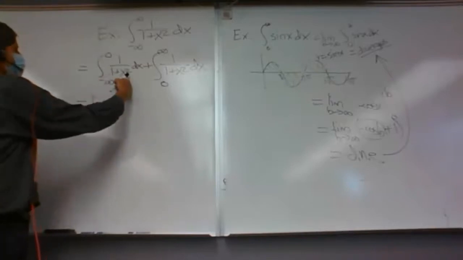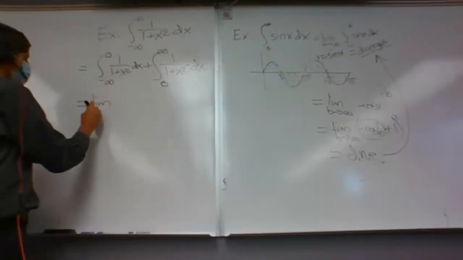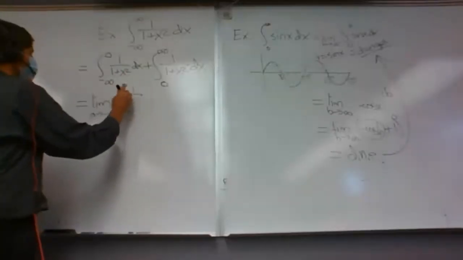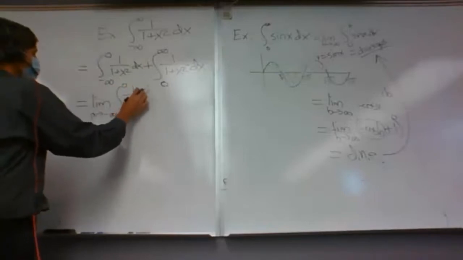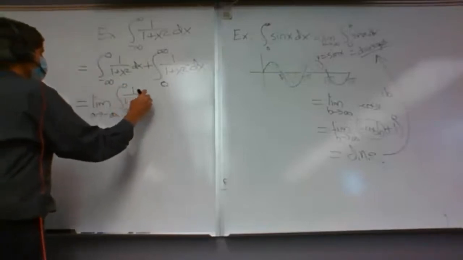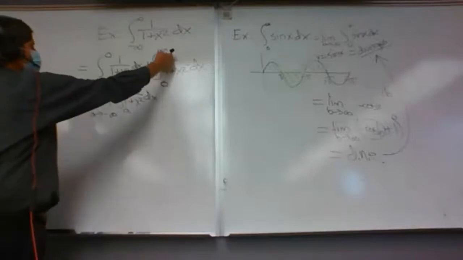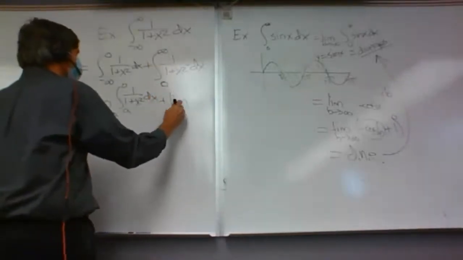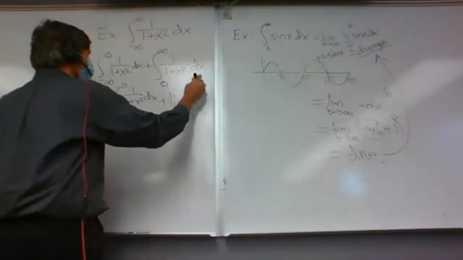Let's work out the definition. The first one is the limit as a goes to minus infinity of the integral from a to 0. This one has infinity at the top endpoint, so we take the limit as b goes to infinity of the integral from 0 to b.